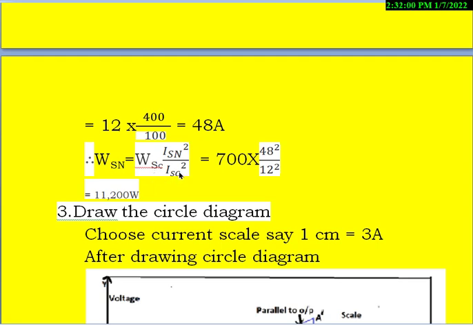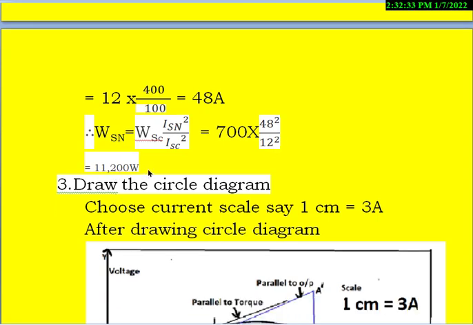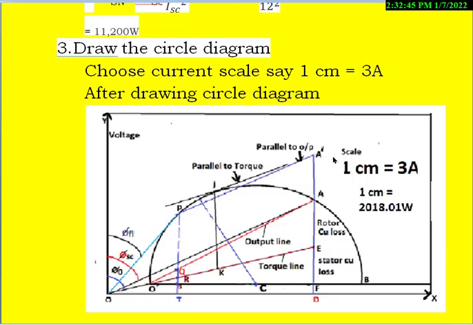So that is WSC divided by ISC square into ISN whole square, because copper loss is always directly proportional to the square of the current flowing through the motor. That is the reason why we get the current square here. WSC is given as 700 watts, so we put that here. Similarly, ISN just now calculated is 48, whole square here. Then ISC is known, that is 12 amperes, so square it, then simplify it, and we get 11,200 watts.